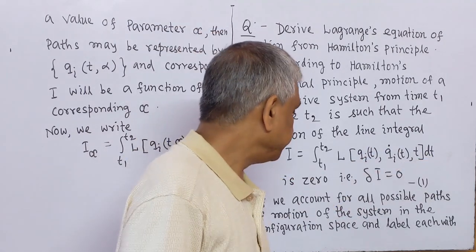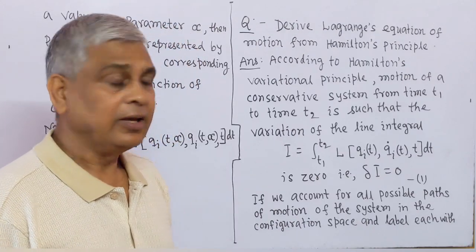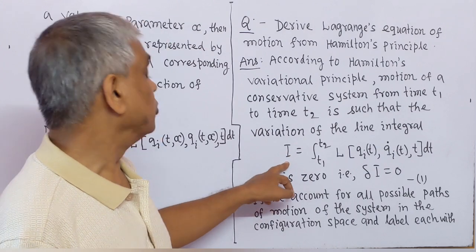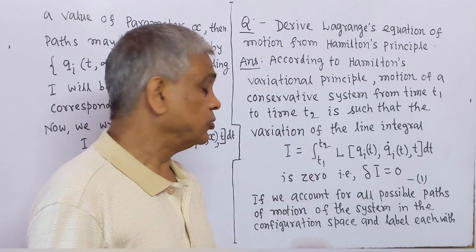According to the variational principle, the variation of this line integral is 0, that is, delta I equals 0.